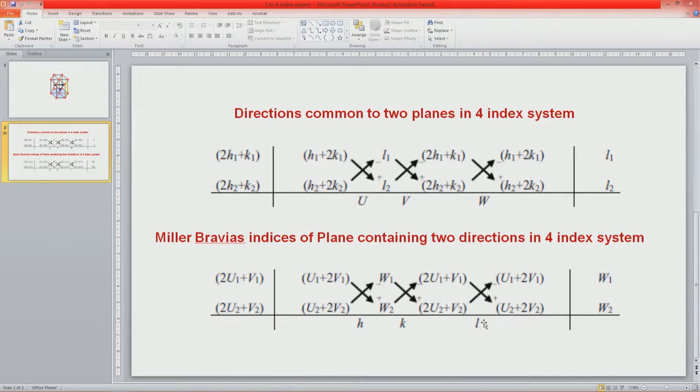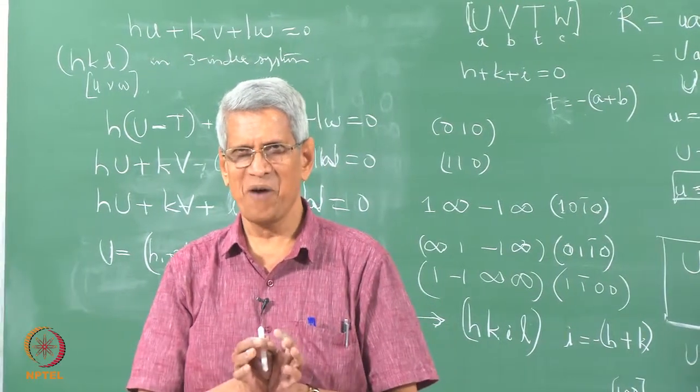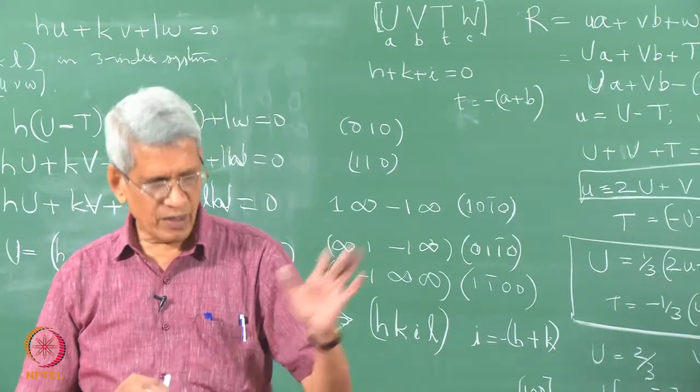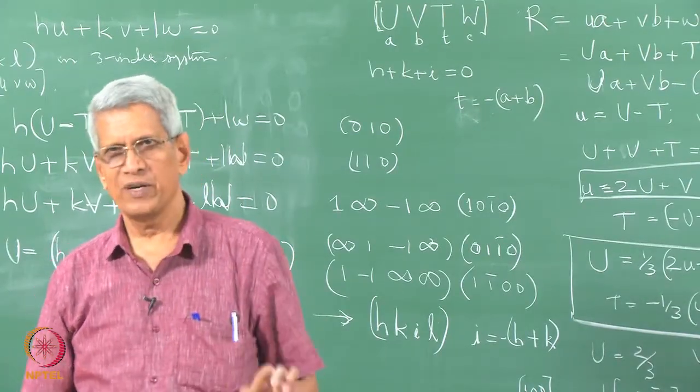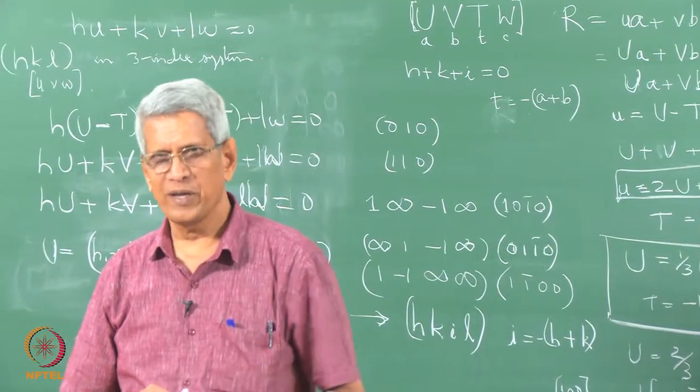This is the way it can be done. The other way, as I mentioned earlier, is to convert these directions into a 3 index system. That is exactly what it is. It is only the final expression which is given in the form of a nomogram which you can just remember and use. This is the way in which we can convert from a 3 index system to a 4 index system.